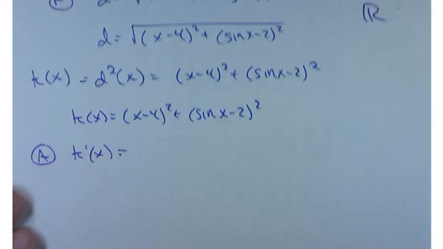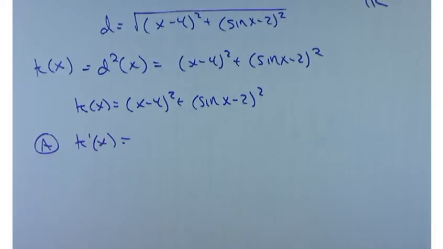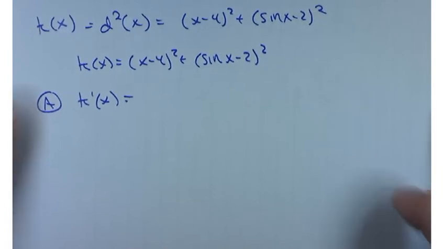k prime of x. Why don't you differentiate this and see what you can get? Are you using the chain rule?